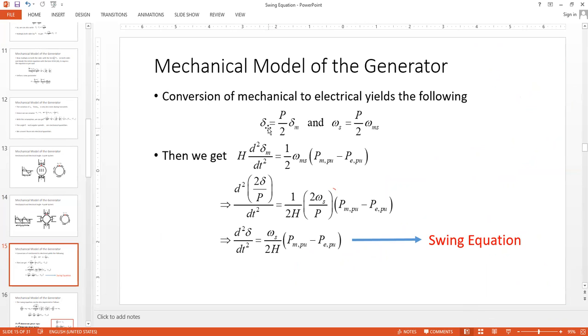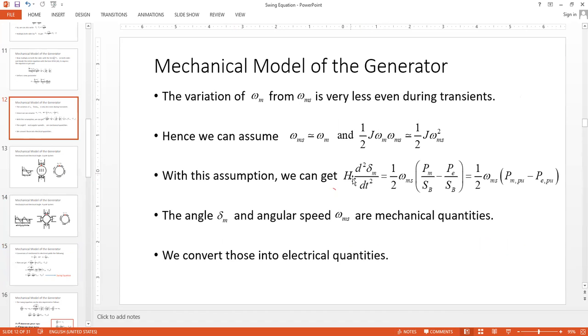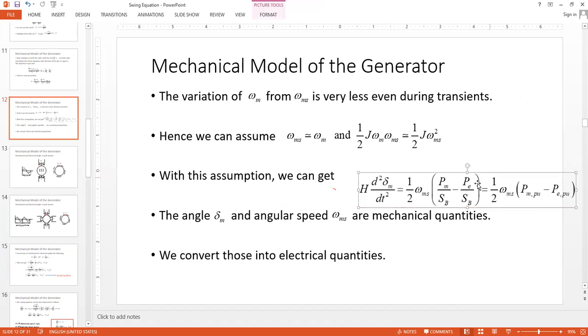We have dropped E here; you can also include one E here. Delta E equals P by 2 delta M, and omega S, you can also write omega ES, E for electrical, equals P by 2 omega MS, where M is for mechanical. So using these two relations, we go back and use it here, here and here.